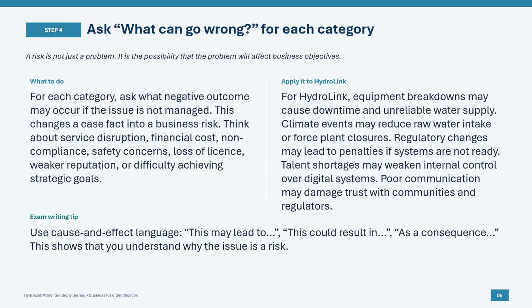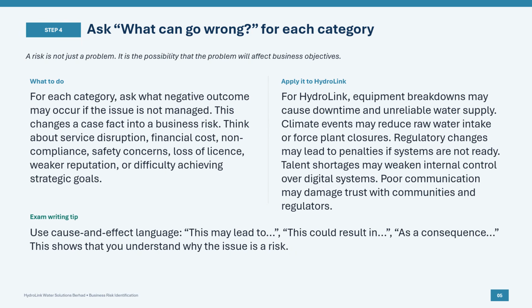Look back to the exercise case. Equipment breakdown may cause downtime and unreliable water supply, because maybe the equipment is for cleaning the processed water, so it will cause your water supply problem. Or a climate event may reduce raw water intake.